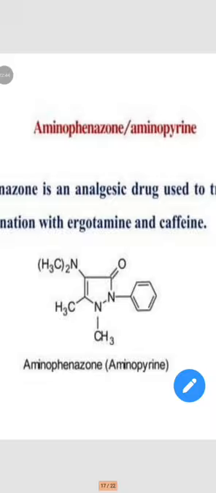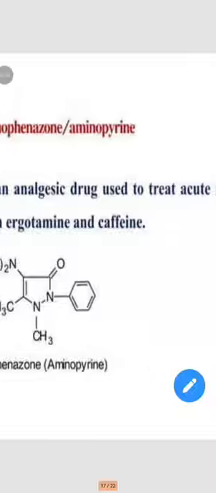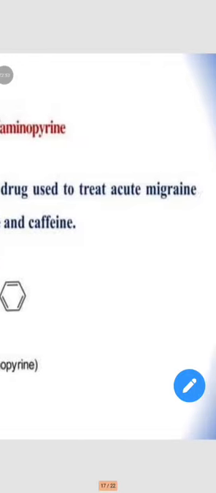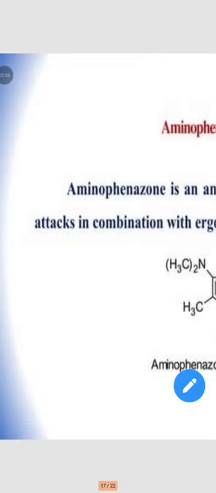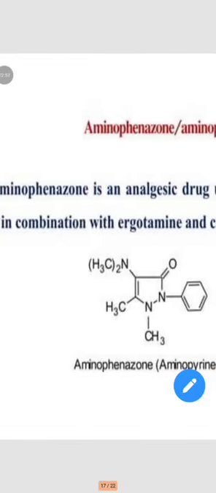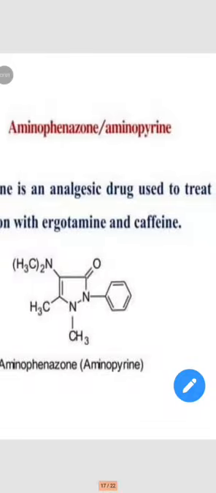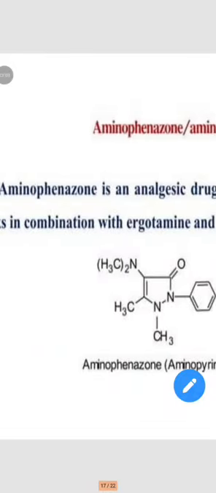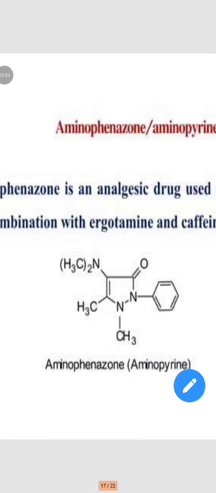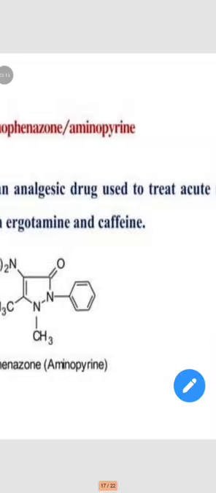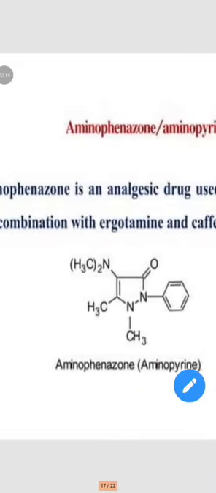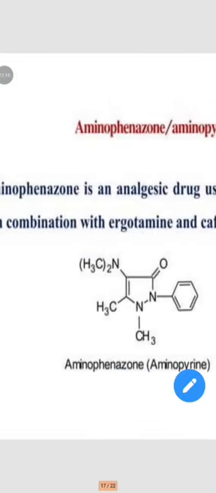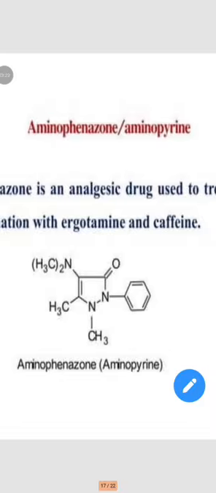Aminophenazone is an analgesic drug used to treat acute migraine attacks in combination with ergotamine and caffeine.